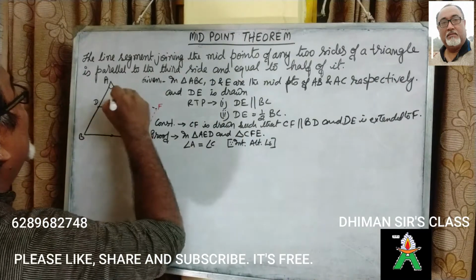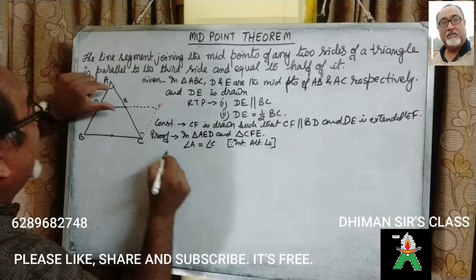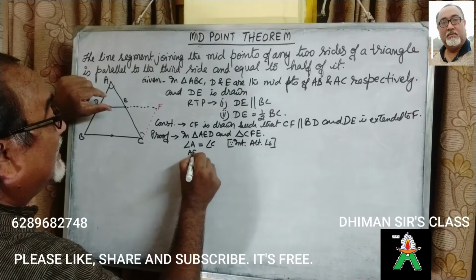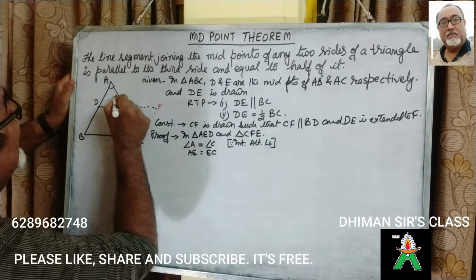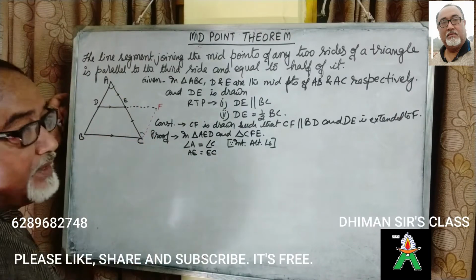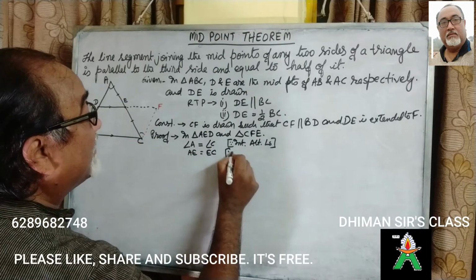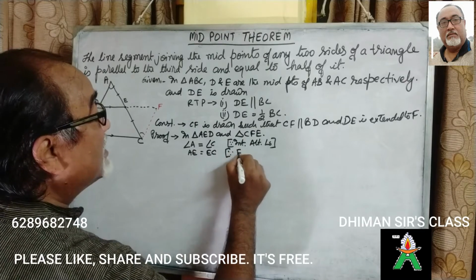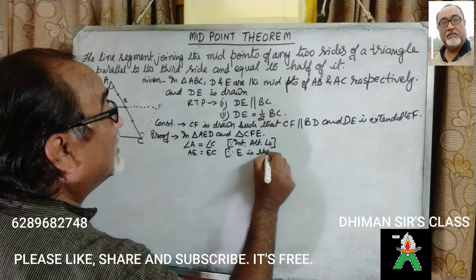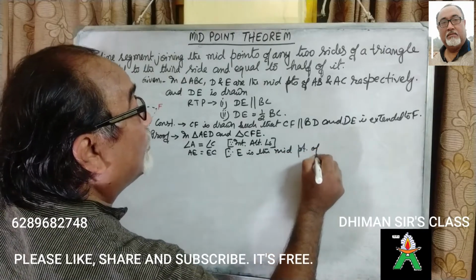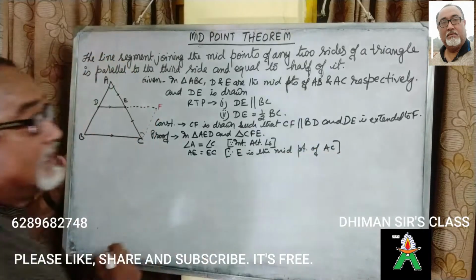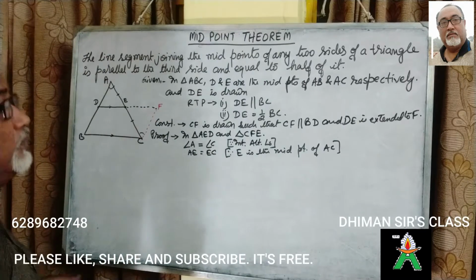Now, E is the midpoint, so AE is equal to EC. AE is equal to EC. Why? Since E is the midpoint of AC, that is given in the question, which we are going to prove.